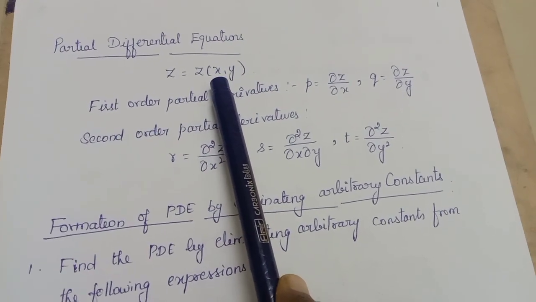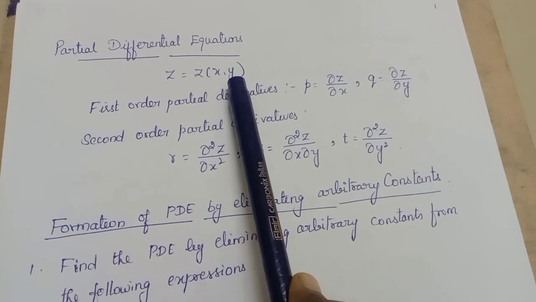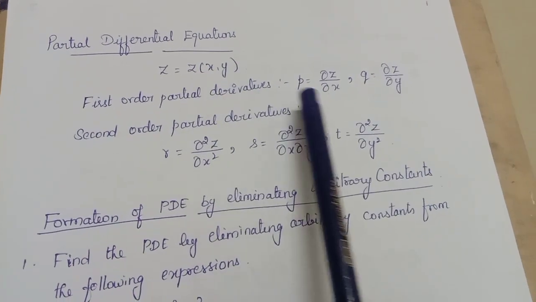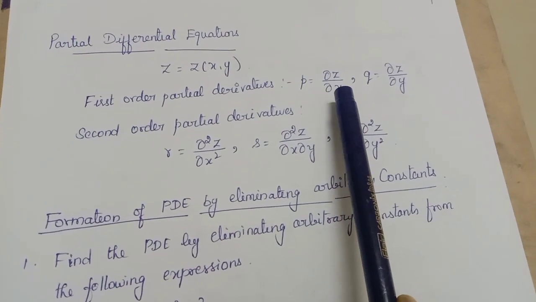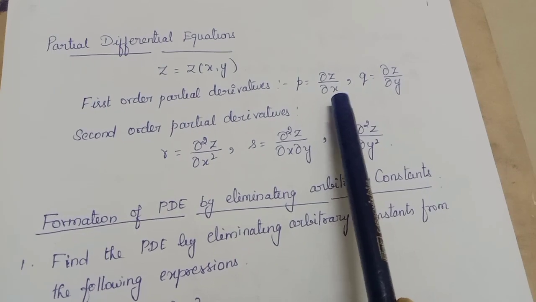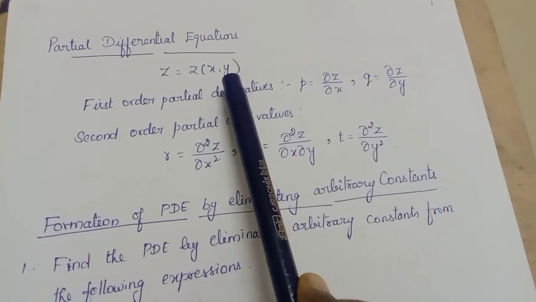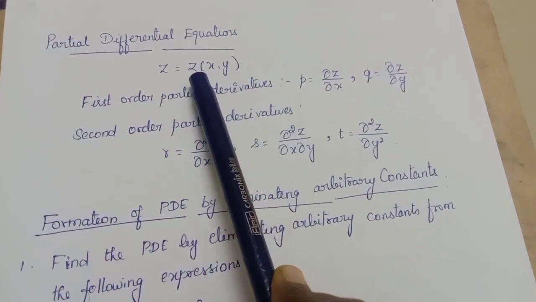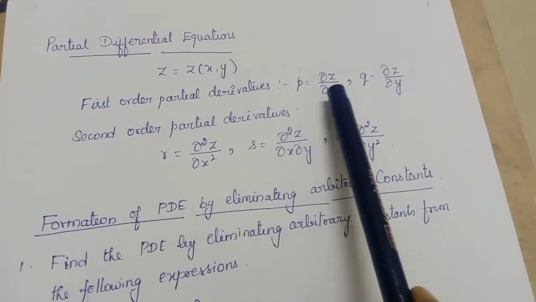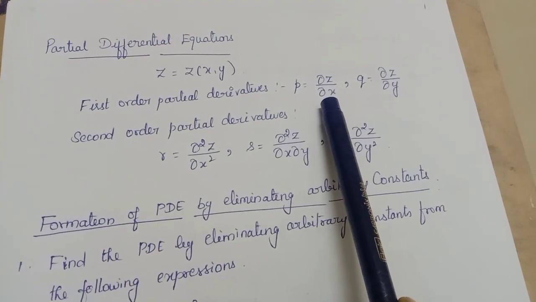At that time I have to keep the other independent variable y as constant, and I have to find dou z by dou x. This is called the partial derivative of z with respect to x. That is, keep one of the independent variables as constant and find the derivative of z with respect to x.